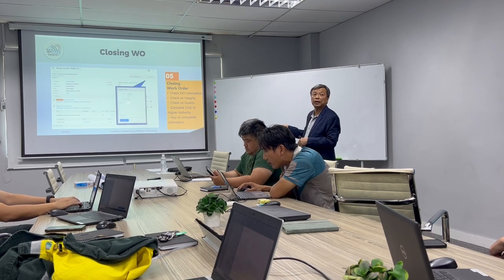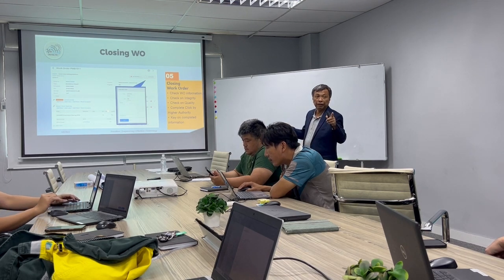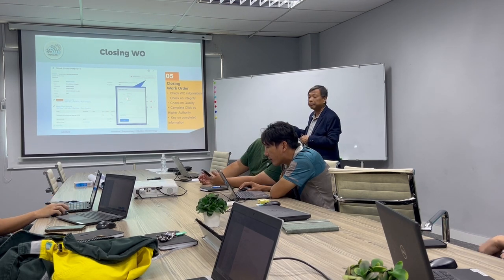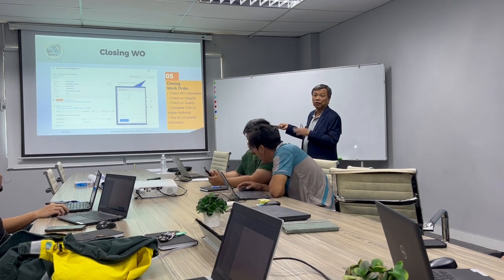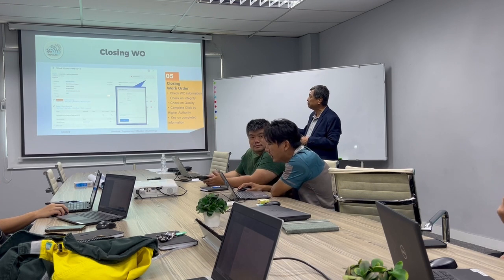Okay, when you click complete, it will come out with the closing date, completion date, and completion time. And then you can also key in run hour. If you are tracking run hour, you can key your closing on the run hour, like for a compressor, you complete this job at this run hour meter.